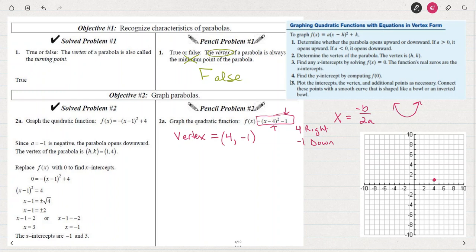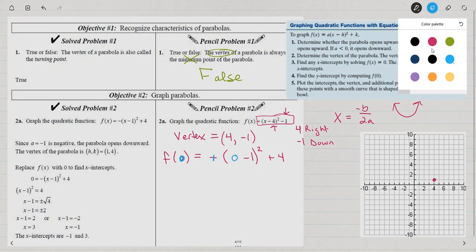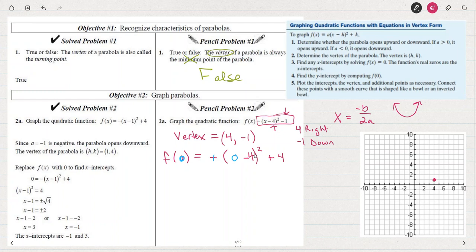And then next, if we find f of 0, that's easy. We just go to the equation and replace x with 0. So f of 0 equals the quantity of 0 minus 4 quantity squared minus 1.